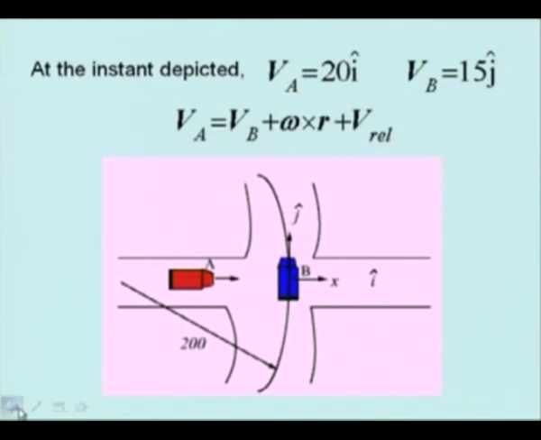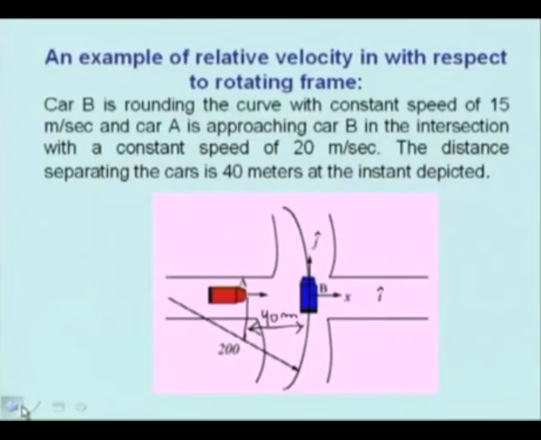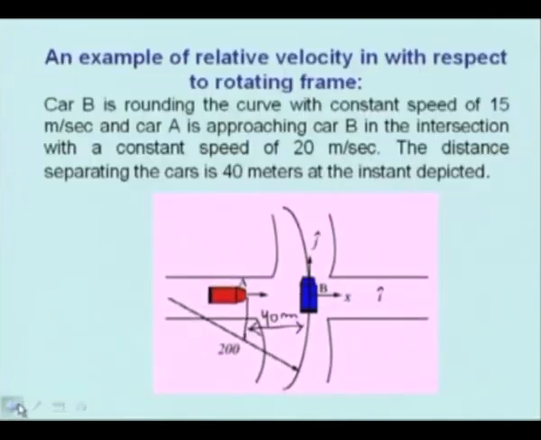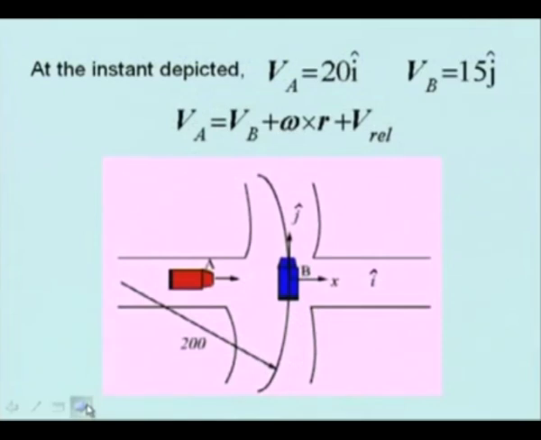At the instant depicted, VA is equal to 20i, because it is mentioned that car A is approaching car B with a constant speed of 20 meters per second. VB is moving with 15 meters per second on a circular path. At the instant depicted, VB will be equal to 15j.